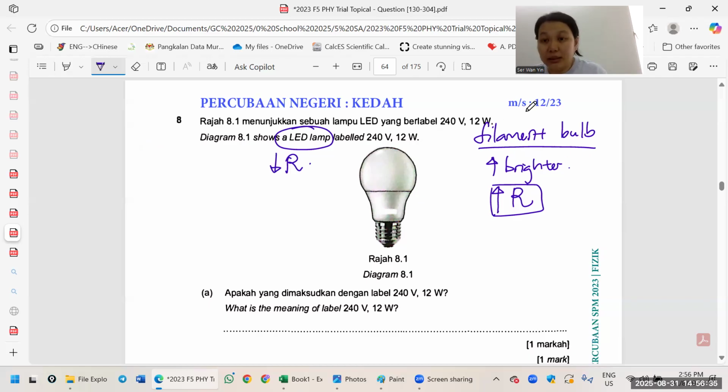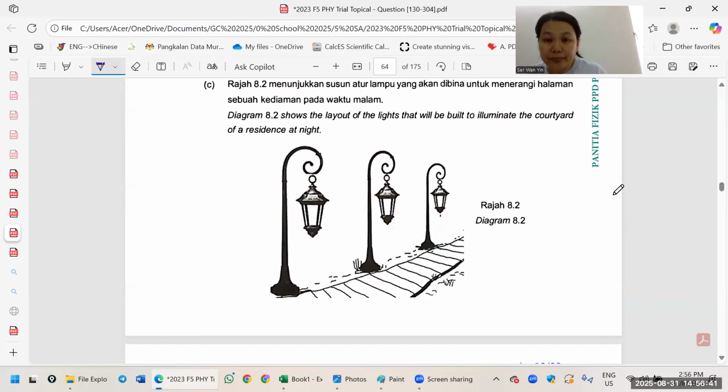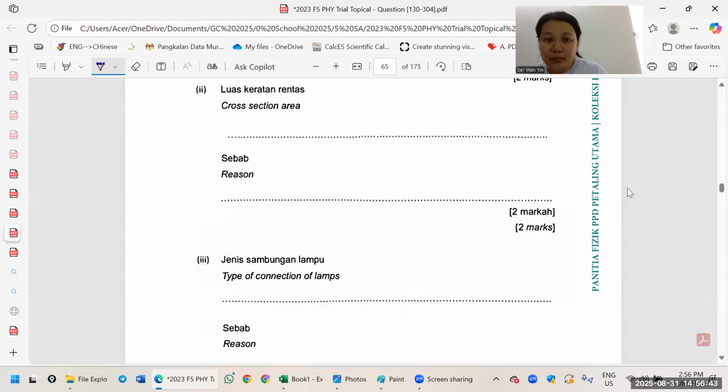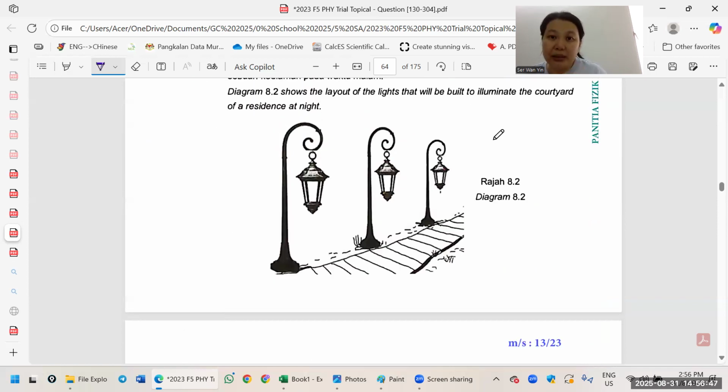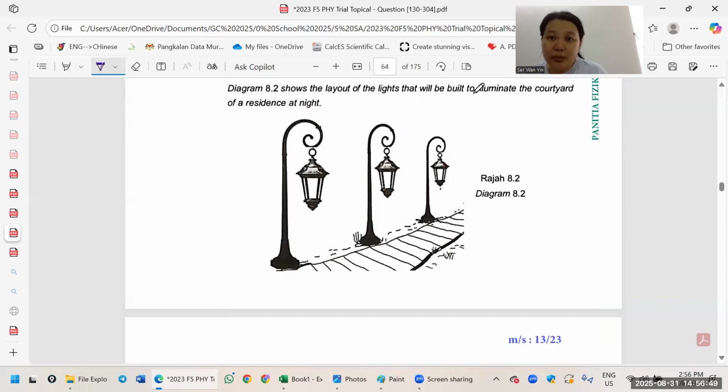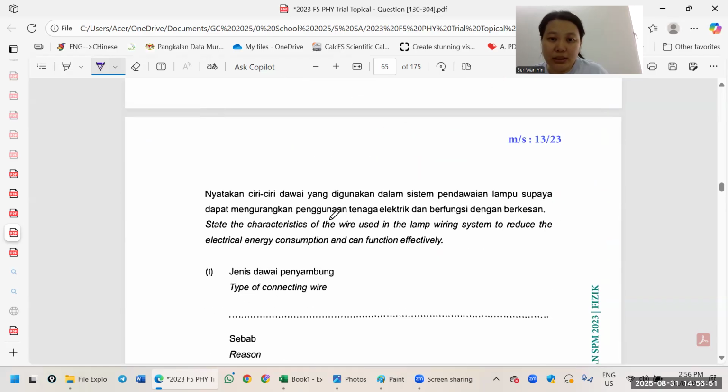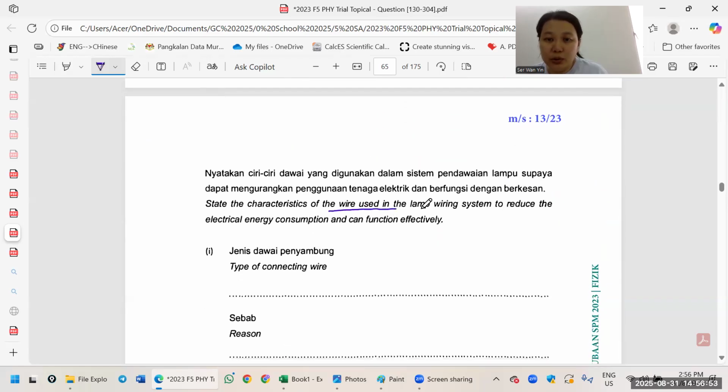So last year, 2024 SPM got this question. So they always ask like this: light will be built. So the wire used in the lamp wiring system to reduce the electrical consumption.